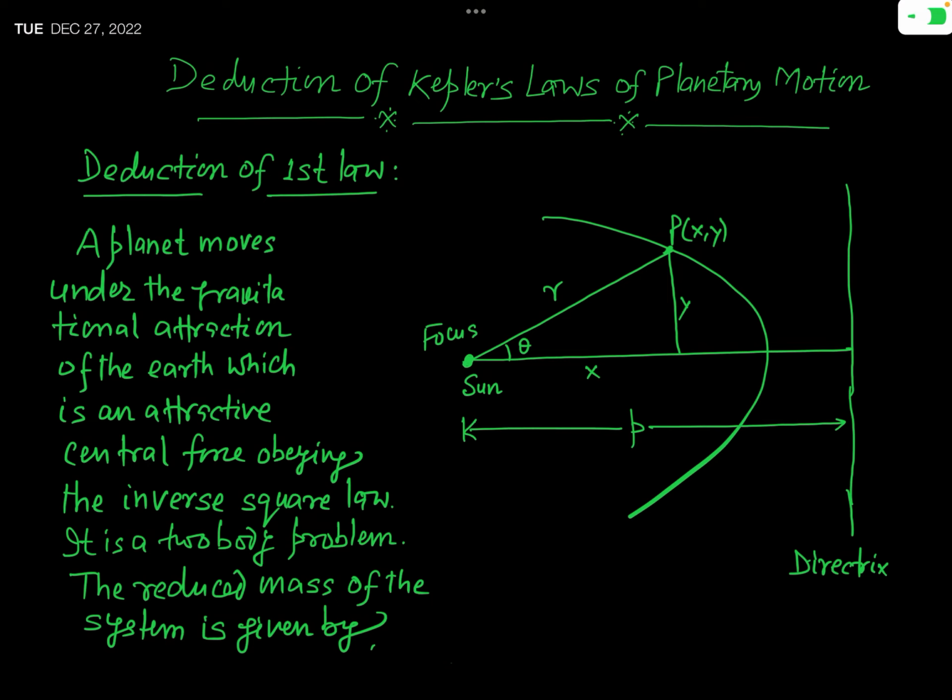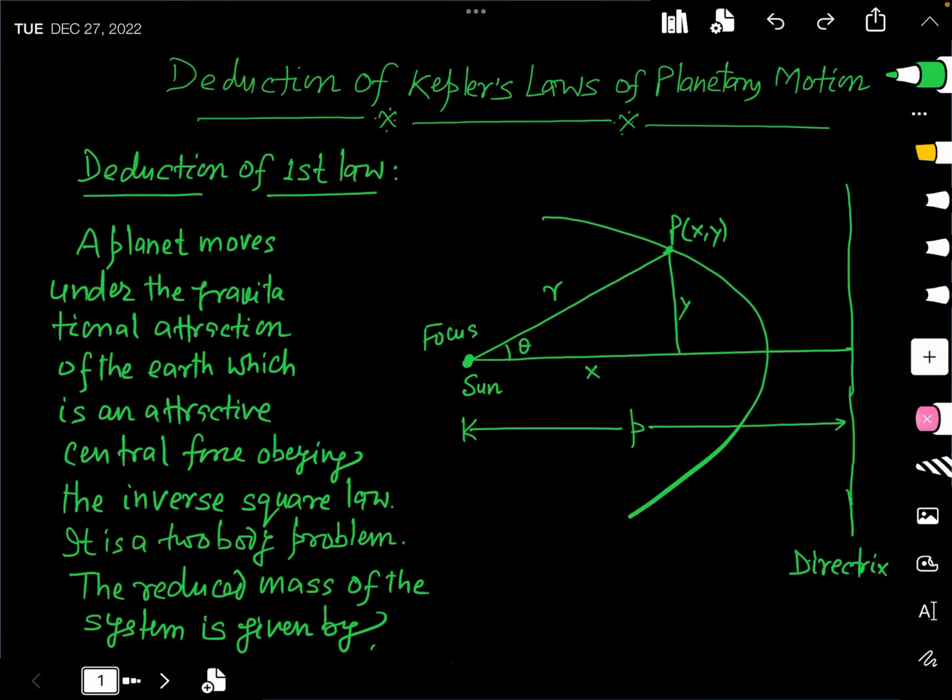And in the previous lecture I have discussed in very detail that when a particle moves in an attractive central force field which obeys the inverse square law, what is the general equation of orbit? So definitely if the planet is moving under gravitational force of sun which is attractive and obeys inverse square law, that equation can be utilized. So can you recognize this very equation?